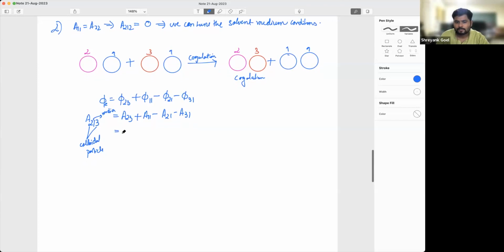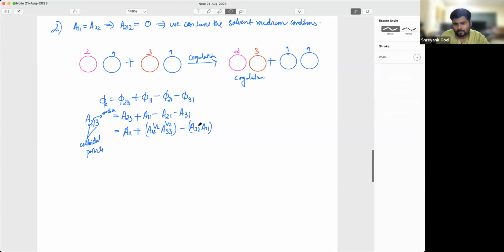So we can replace, A11 as it is, A23 becomes A22, A33 minus A22, A11, okay, take half inside, minus A33, A11.